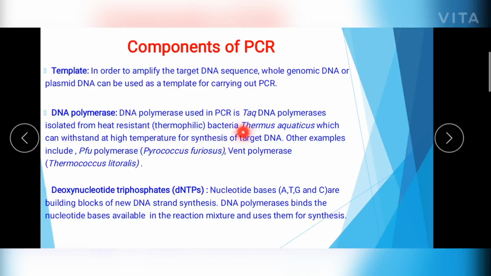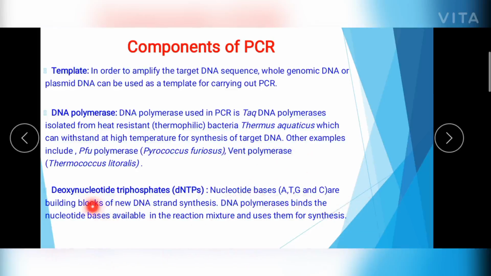The polymerases used in PCR are extracted from thermophilic bacteria like Thermus aquaticus, and also from archaebacteria like Pyrococcus furiosus, the Pfu polymerase, and Vent polymerase, which is extracted from Thermococcus litoralis. These polymerases are thermostable and have the ability to be stable at high temperature.